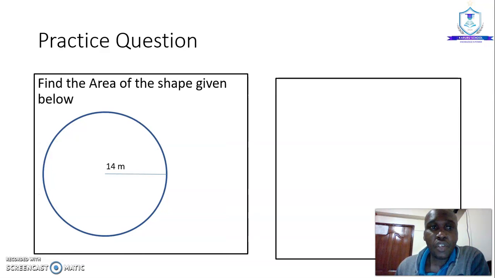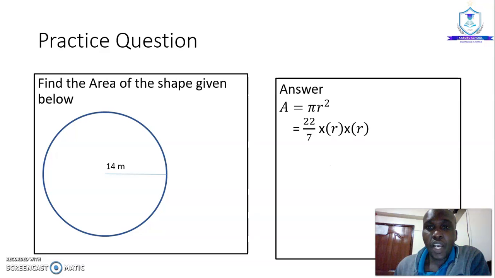Another practice question, we have a figure which we've been given the radius as 14 meters, and the question now is, find the area of the shape given below. We know that the formula for finding the area of a circle is given by pi multiplied by the radius squared. In this case we've been given the radius, so it will be easy for us to substitute in the correct values.